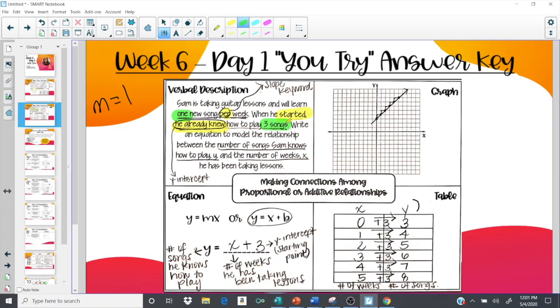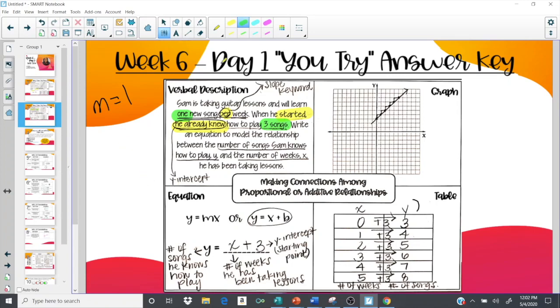So if he doesn't learn any new songs in the coming weeks, then he still will know how to play 3. So that represents your y-intercept. It is your starting point. And we know the y-intercept is the y value when x is equal to 0. So in this case, when x is equal to 0, being the number of weeks he has been taking lessons, y is 3 because he already knows how to play 3 songs.